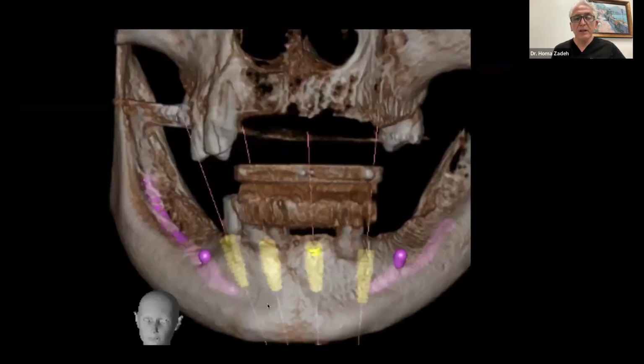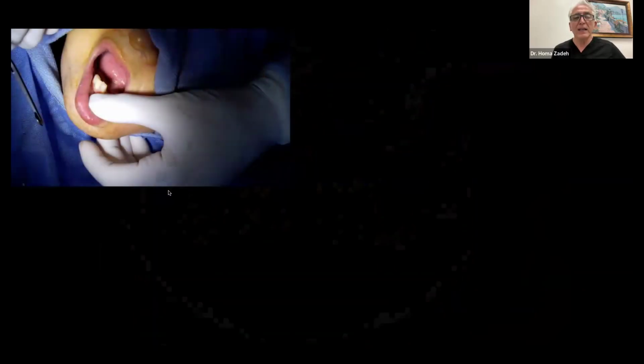First, we had done the digital design so we could actually superimpose the digital design of the restoration into this area. So when I did the planning in the navigation surgery, it was actually incorporating the digital design of the restoration.